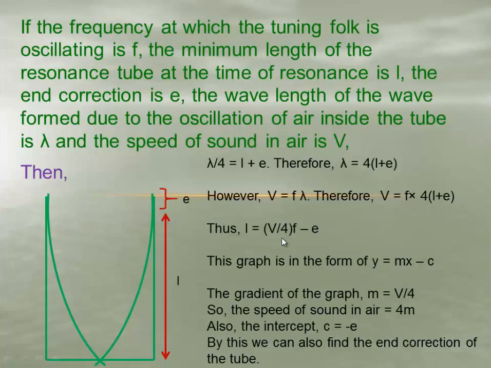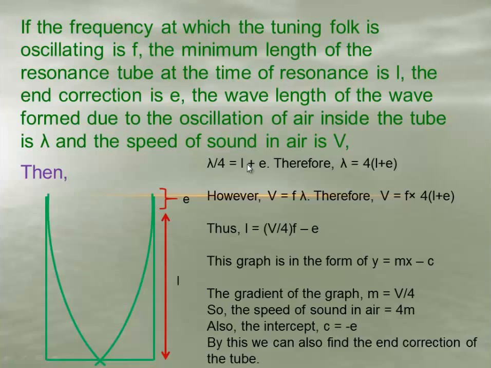In order to do an experiment, as in the case of other experiments, we draw a graph. Whether it's a quadratic, linear, constant or even cubic graph, you have to have an independent variable and a dependent variable. So what we do here is change the frequency of the tuning fork.